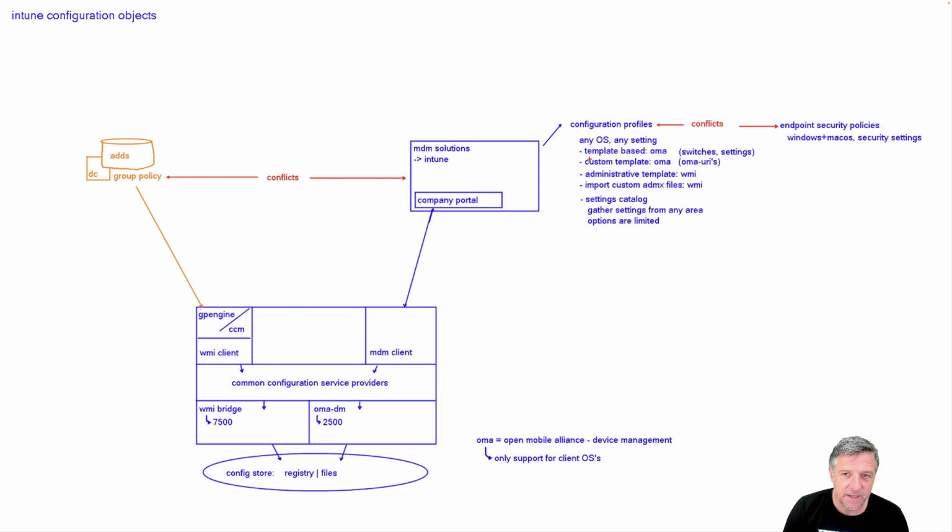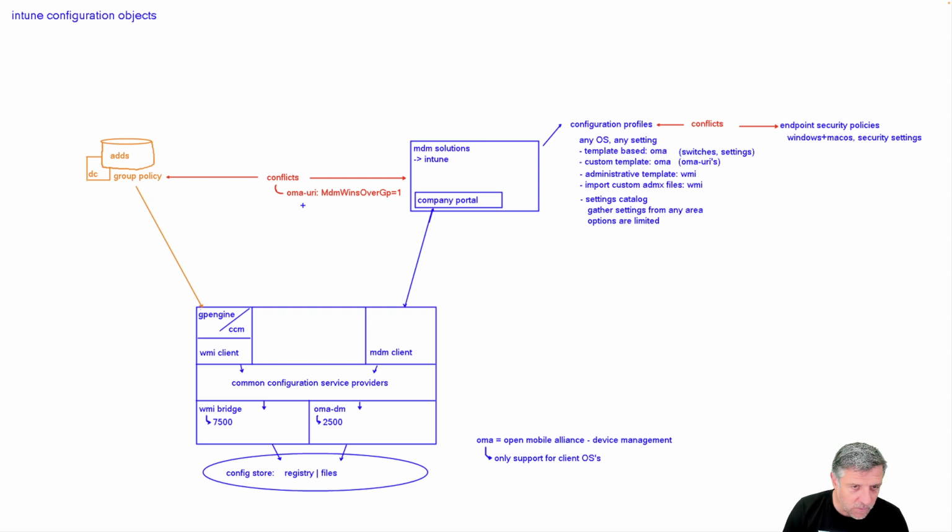We can create a custom OMA-URI based template, an OMA-URI based deployment that says MDM wins over group policy equals 1. That is a setting you want to use to make sure that Intune based settings will win over group policies in case of a conflict. However, within Intune, you can still get those conflicts. So that is something you want to be very, very careful with.